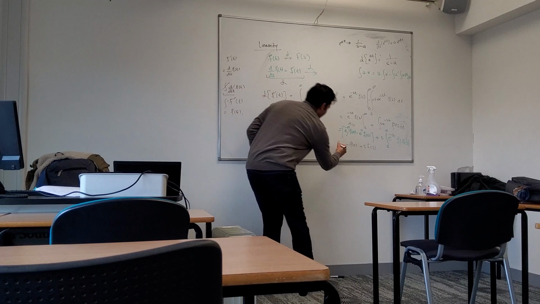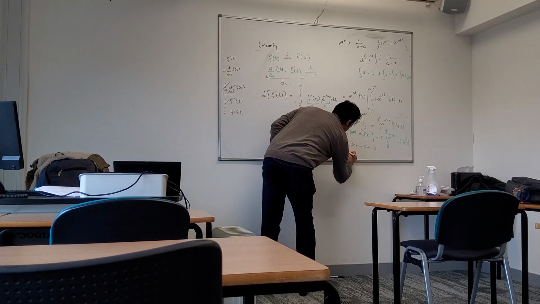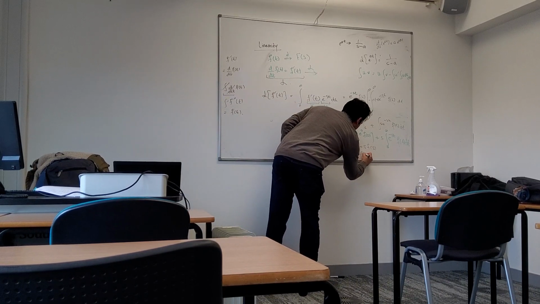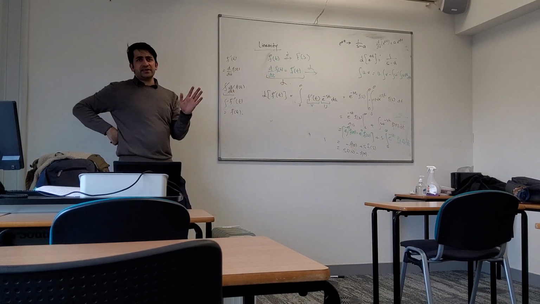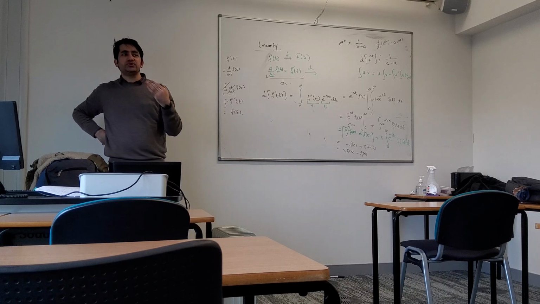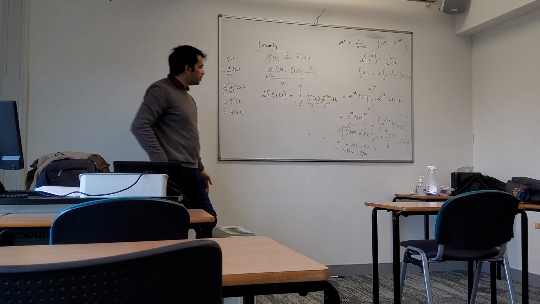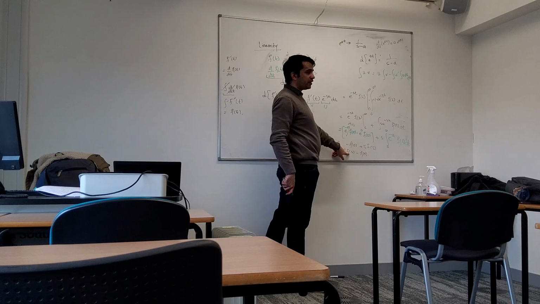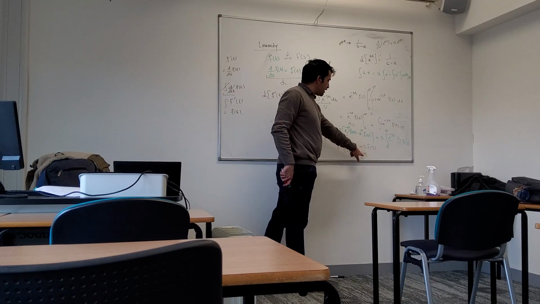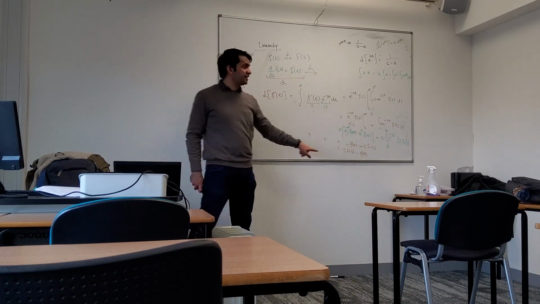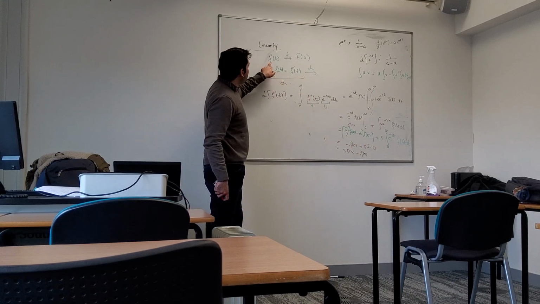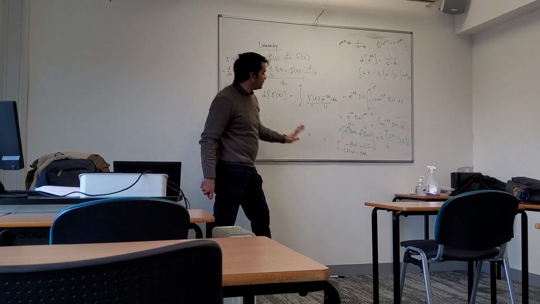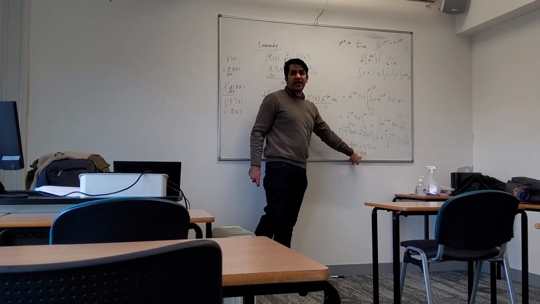So it means that if you have a function f of t and you know the Laplace f of s, you can simply multiply s with the Laplace and subtract f of 0. Note that this f was a time function, so you need to put t equals 0 in the time function and put it here. This is not f of s, this is f of 0, and the limit was on t.